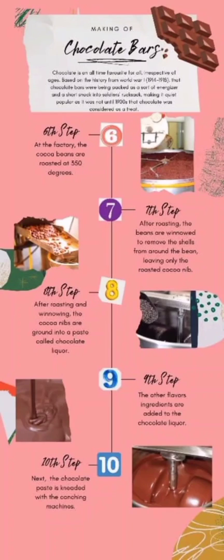So the next process is the conching process. Next, the chocolate paste is kneaded with the conching machine to increase smoothness, viscosity, and flavor.